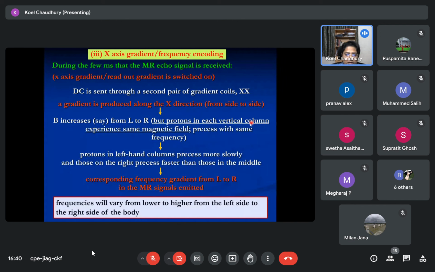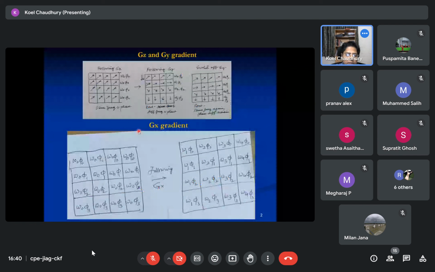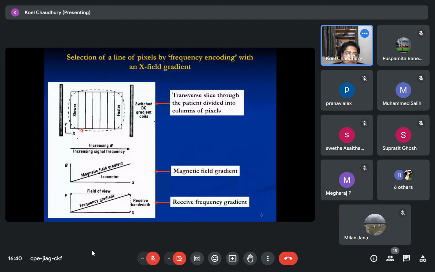But the protons in each vertical column experience the same magnetic field and precess with the same frequency. Protons in the left-hand column precess more slowly, those on the right precess faster. We have done all this: emitted frequencies will vary from lower to higher from the left side to the right side of the body. Increasing B means increasing frequency, same thing.